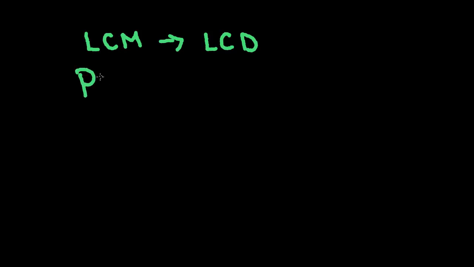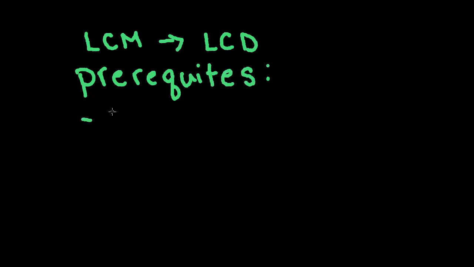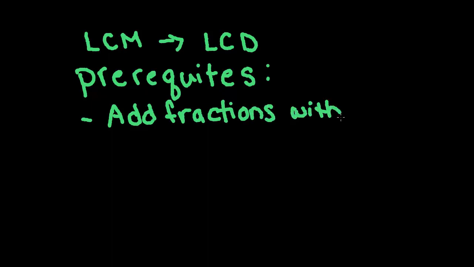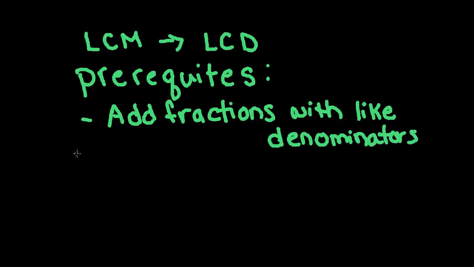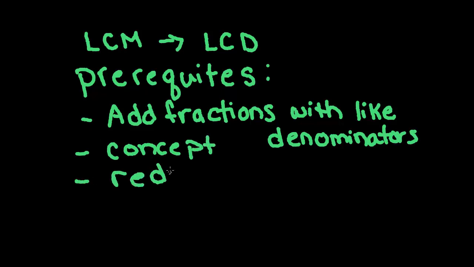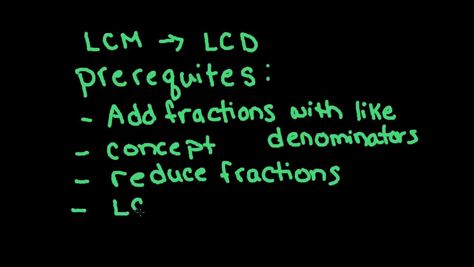So some prerequisites that I recommend that students have before adding fractions with unlike denominators are that they can add fractions with like denominators, that they understand the concept of fractions, that they can reduce fractions to simplest form, and that they can find the LCM.